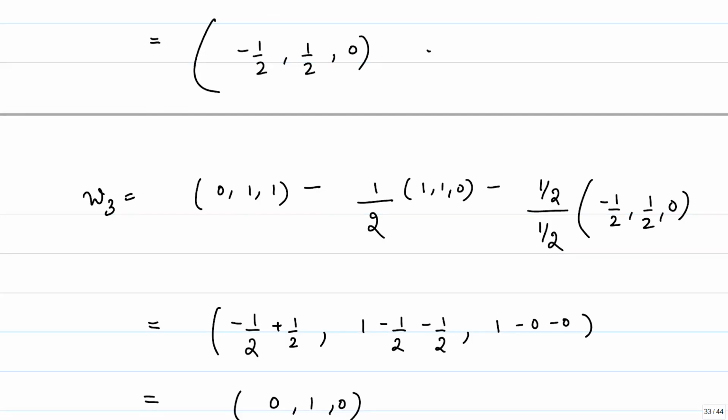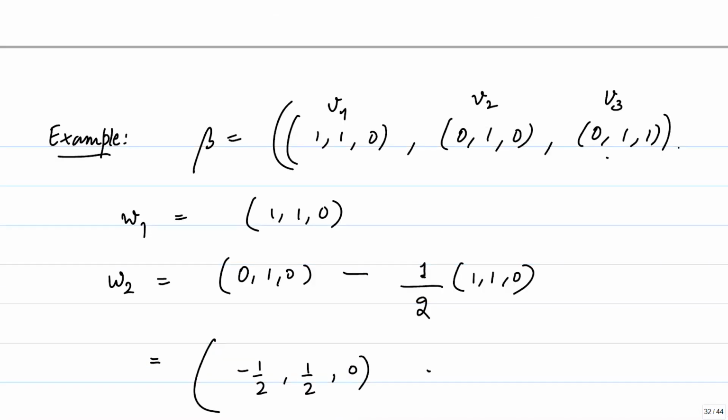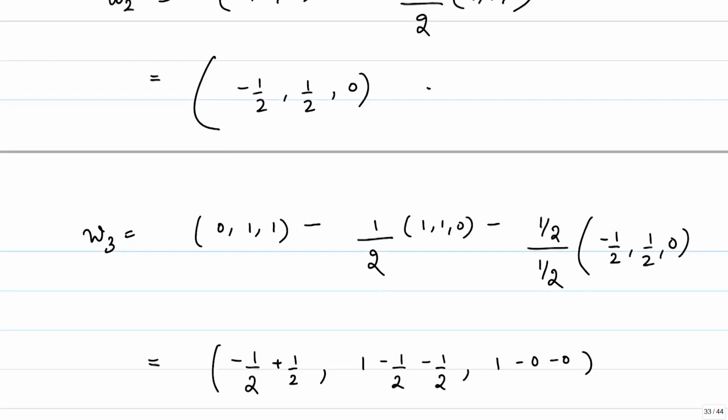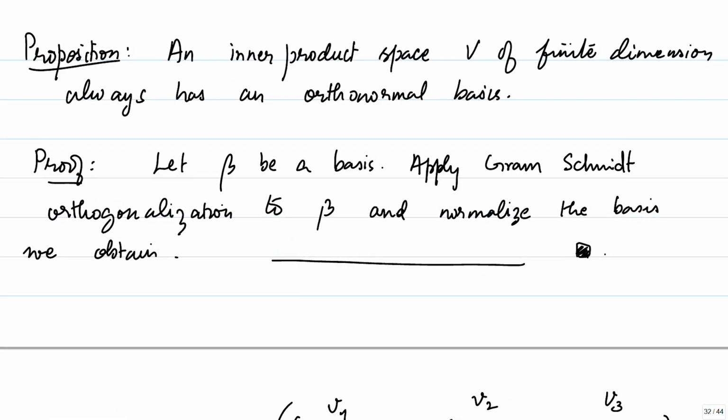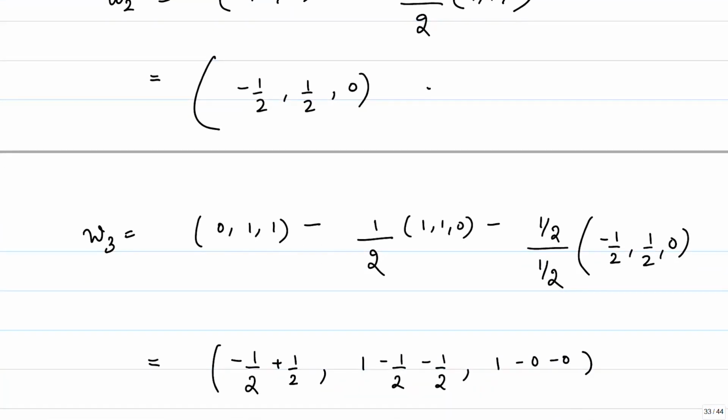0 1 1 minus half times 1 1 0, and the inner product here is what went wrong. 0 half, there will be a half. Yes, there is a half. And the square root of 1 by 2 squared plus 1 by 2 squared is 2 by 4, which is 1 by 2. So this is right, times minus half half 0.